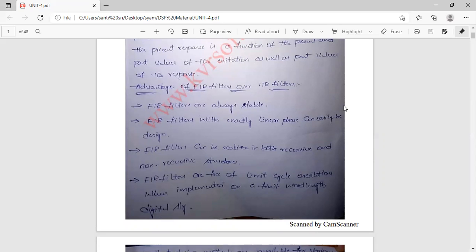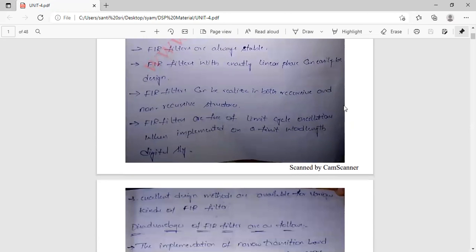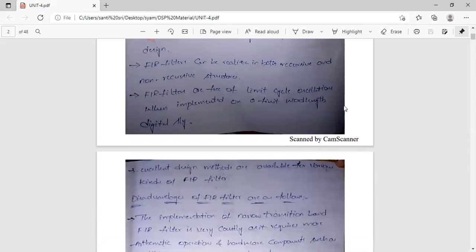FIR filters are free of limit cycle oscillations when implemented on finite word length digital systems. And excellent design methods are available for various kinds of FIR filters. So these are the advantages of FIR filters over IIR filters.